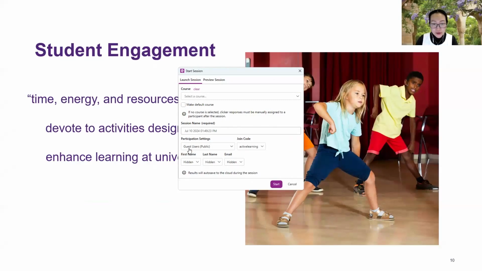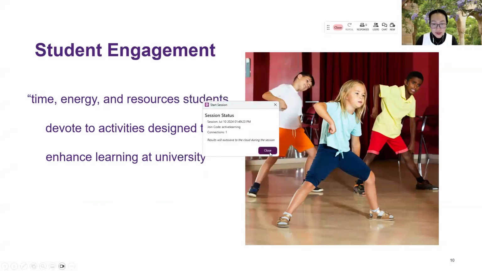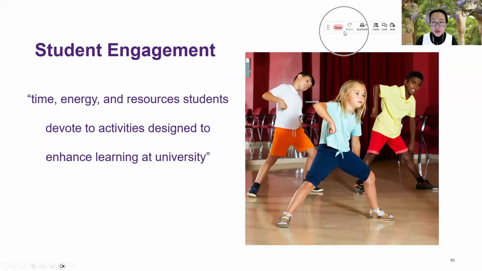And then I keep the setting of get public, first name, last name, email, all hidden. And then I can start, close this message, and I make sure that the bar is here. It might be on the other screen, but you can drag it around. I might keep it on my other screen, all good. And then I keep teaching.